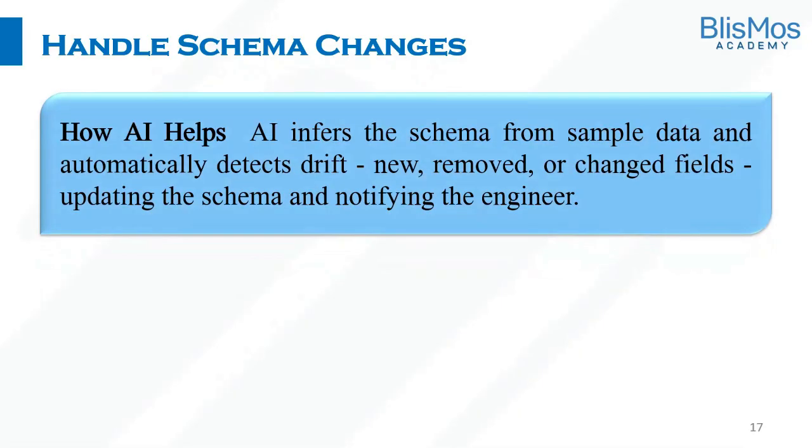AI can help in detecting schema drift. When I say schema drift, we are talking about changes in a schema. AI can compare the old schema with the new schema and identify if there are any changes in the fields, if any fields are removed, or if there is any change in the data types, and alert the data engineer.